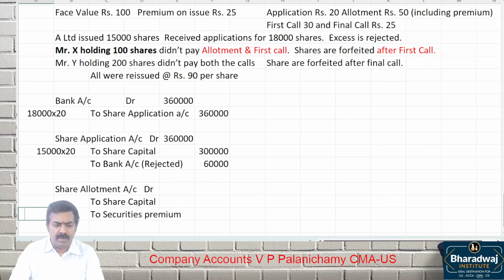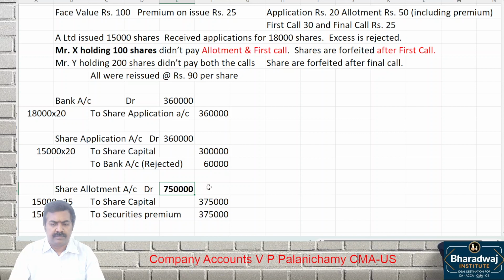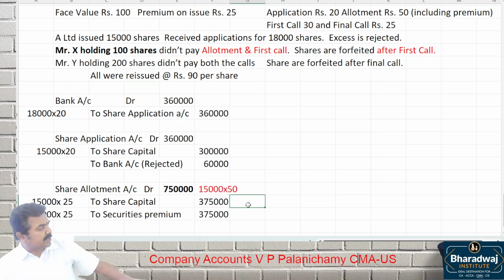What is the premium amount? 15,000 into 25. 15,000 into 25 premium. Our capital will be remaining 25 rupees. 15,000 into 50 rupees is the total money.